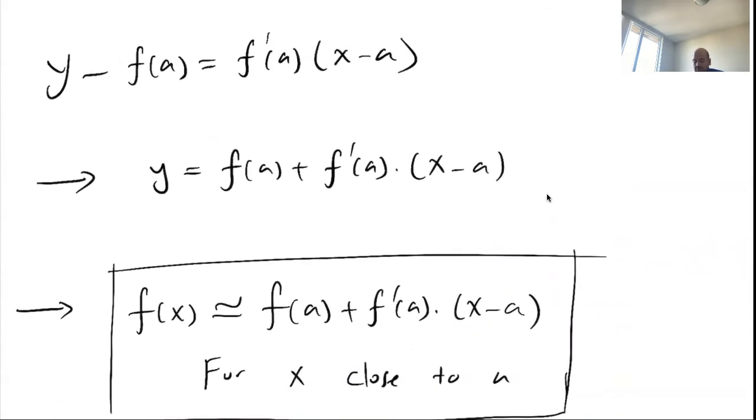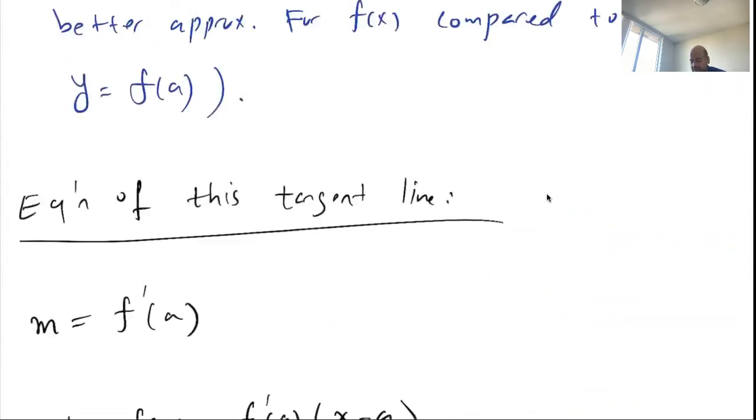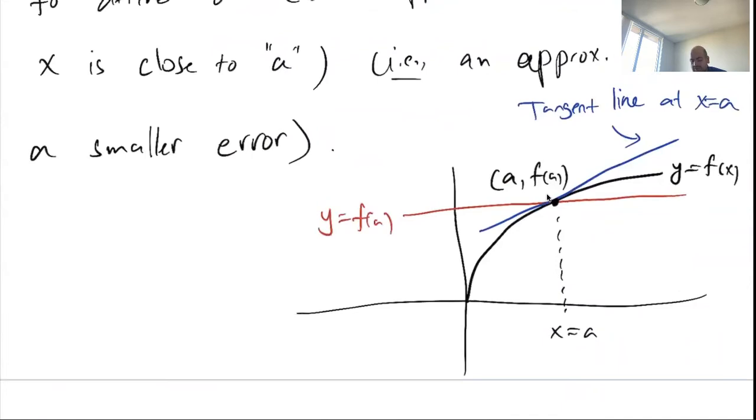The left hand side is f of x, the right hand side is the equation of the tangent line at x equals a, which means the equation of this blue line, an approximation for f of x graphically. It's an approximation because the blue line is close to the original black curve. If two curves are close to each other, it means the y values are close, so one can be used as an approximation of the other.